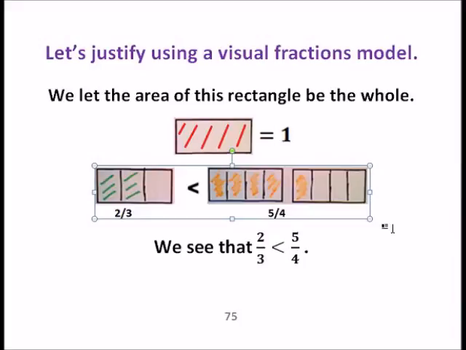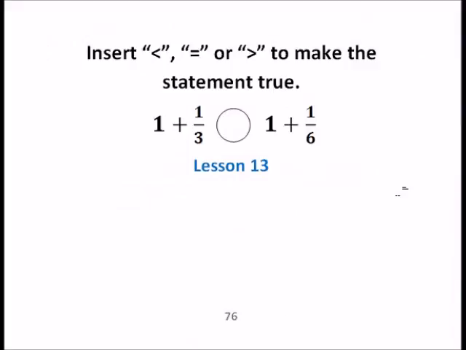And we can justify it using a visual fraction model. Notice that if this rectangle is a whole, 2/3 is much less than 5/4. Okay, so now we get to an example such as this. This is lesson 13. We're comparing the first sum to the second sum.